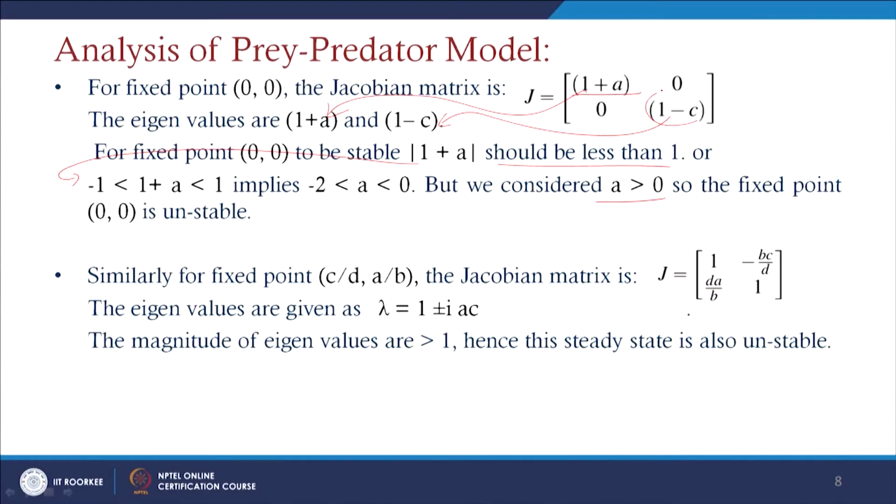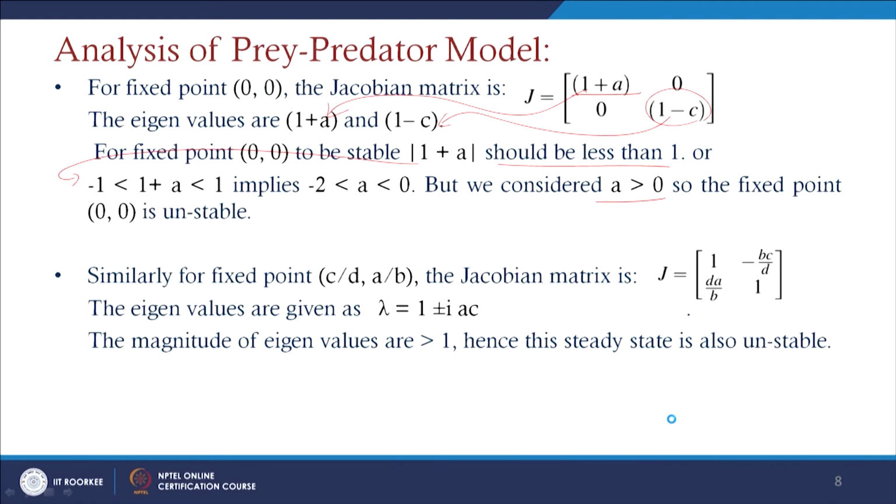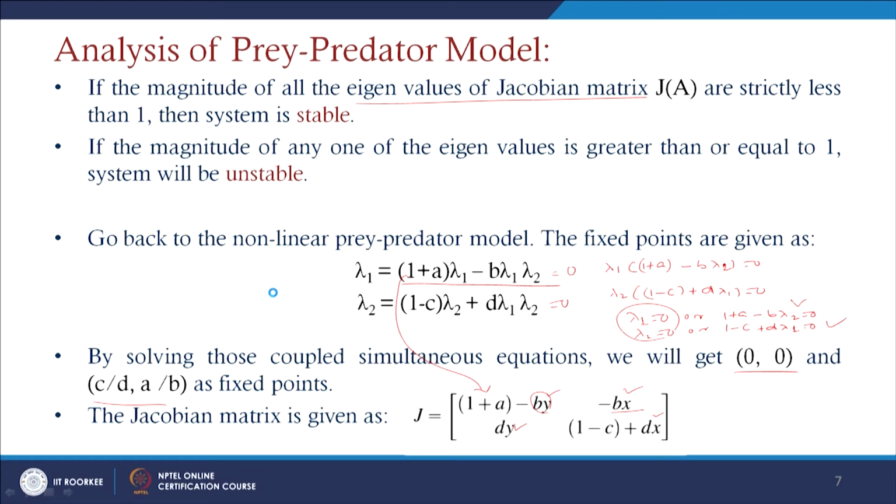Similarly, for the analysis of 1 minus c, sorry, for the other point, since we have obtained 2 points, (0, 0) and (c by d, a by b), for the other point the Jacobian matrix can take the form directly if I put x equals c by d.